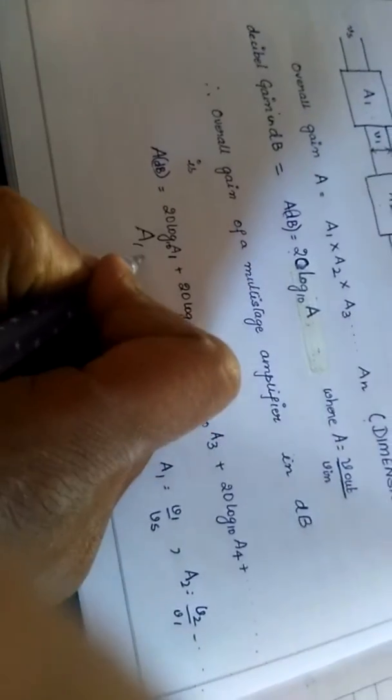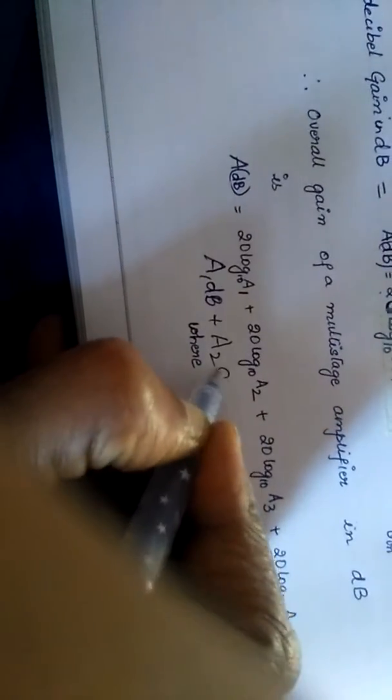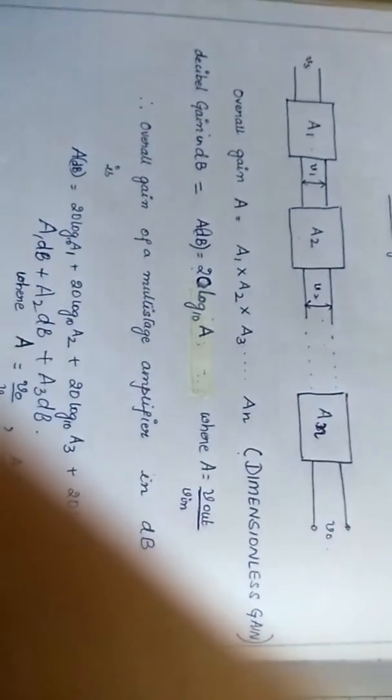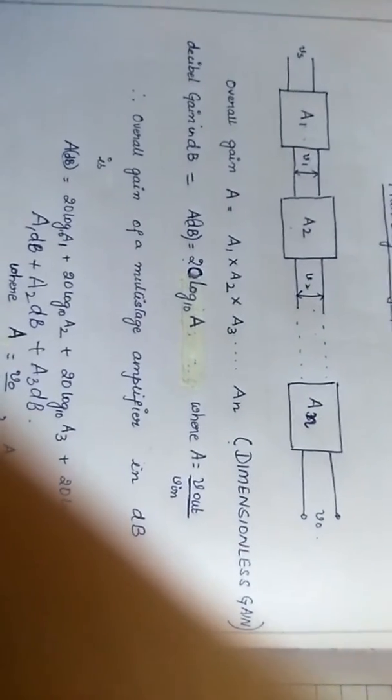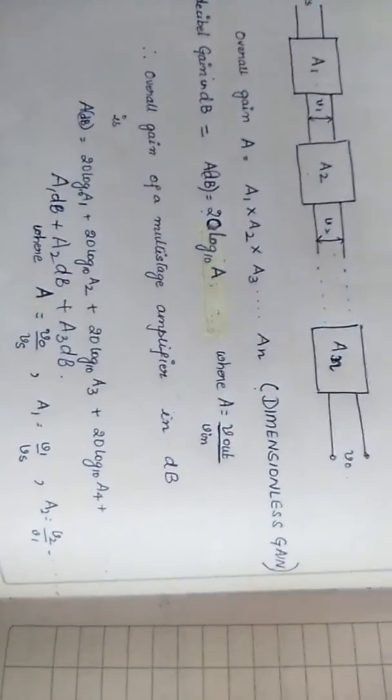So, what I can write here is, this is simply equal to A1 in dB plus A2 in dB plus A3 in dB. Okay, students. So the overall gain of an n-stage multi-stage amplifier is simply the product of individual dimensionless gains or simply the addition of individual decibel gains.